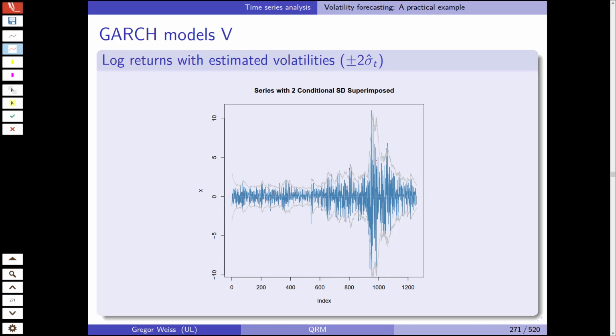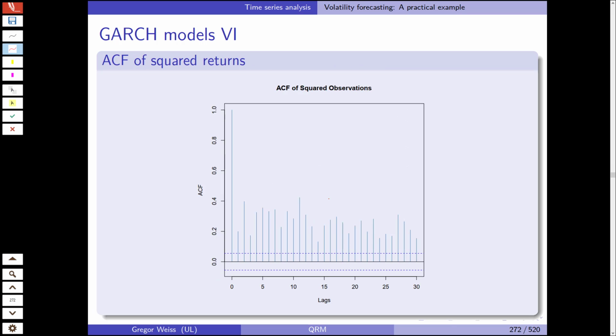So the estimated models make sense. If we compare the log returns with plus minus 2 times the estimated volatilities, this looks fine. The actual log returns fit quite nicely into this band of 2 times the estimated conditional standard deviation superimposed on the log returns.